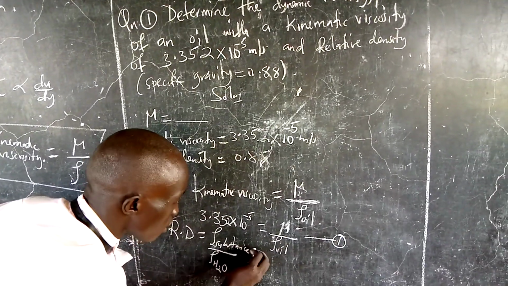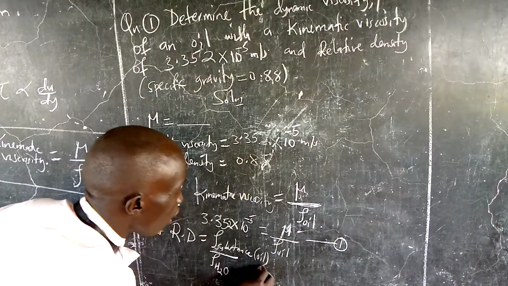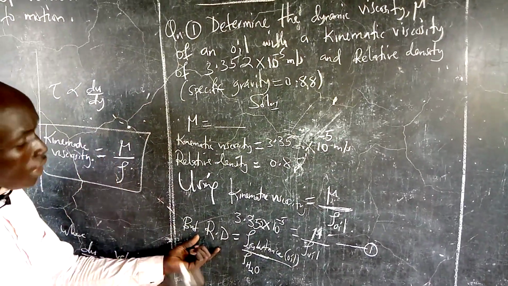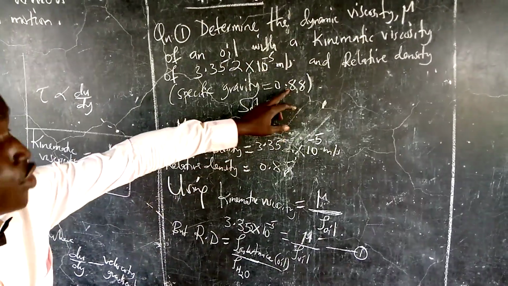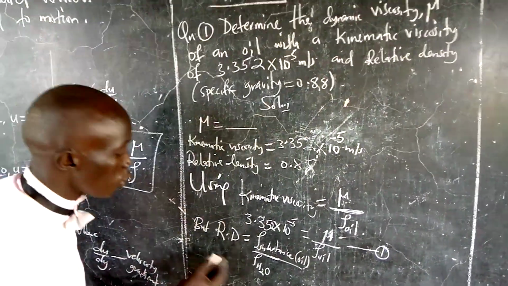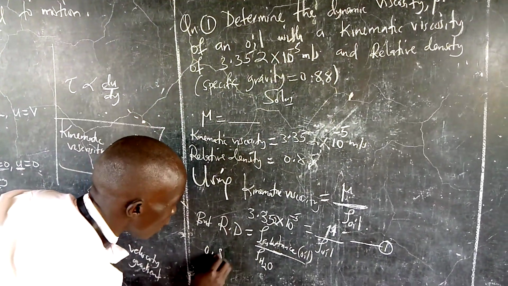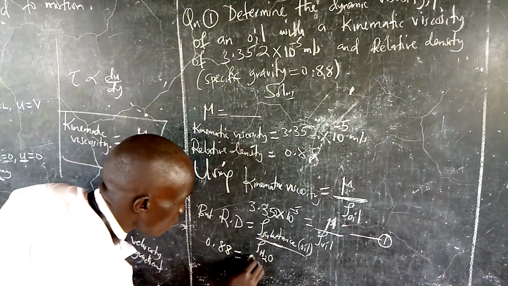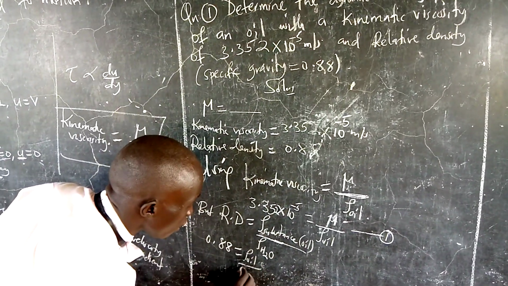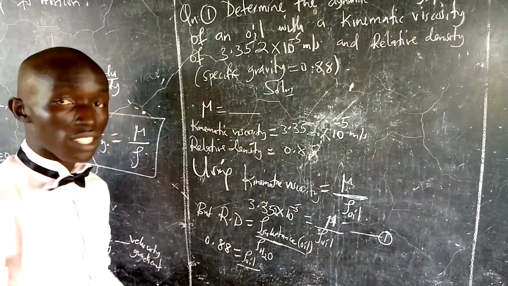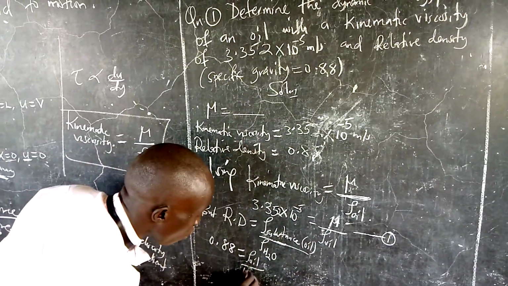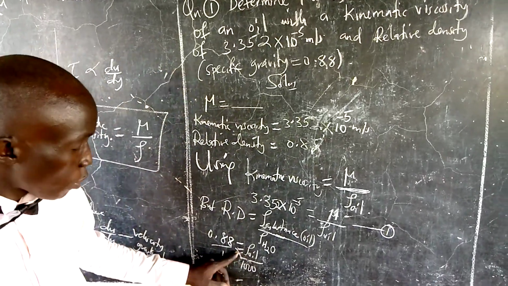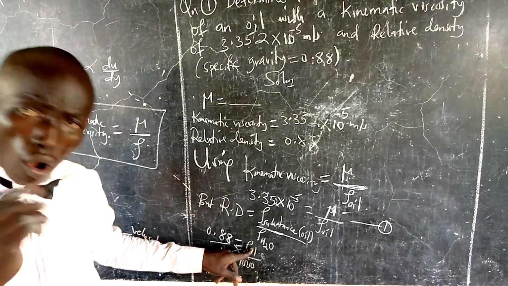The value of relative density is given, 0.88. So 0.88 is the same as density of oil, which we are looking for, divided by density of water. We know the standard, it is 1,000 kilogram per meter cubed. So you can cross multiply and we get density of oil.